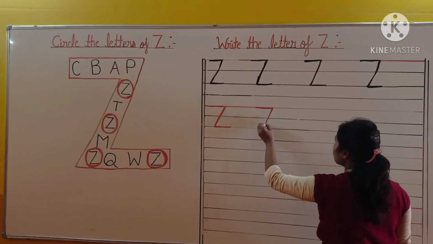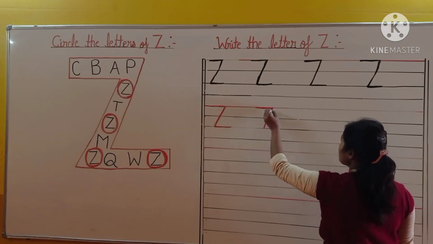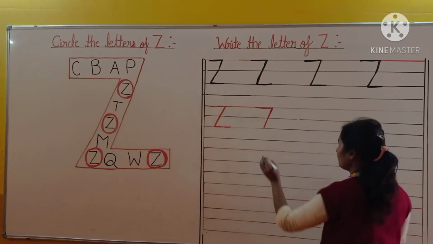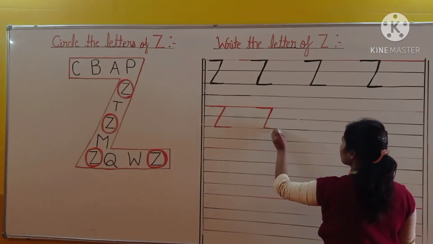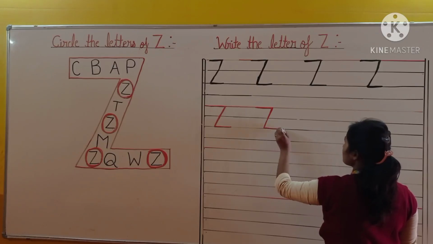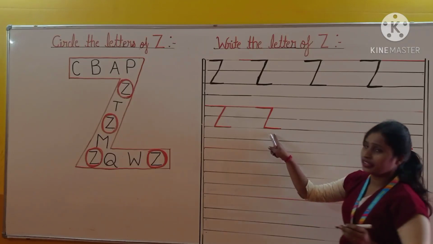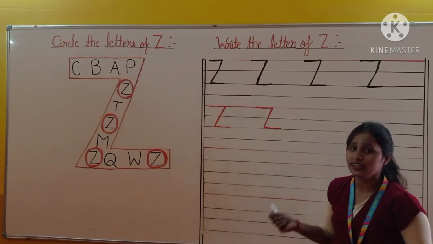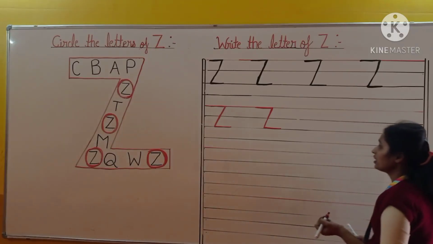After that, another sleeping line. Which letter? This is a capital letter Z. Z is for zebra.